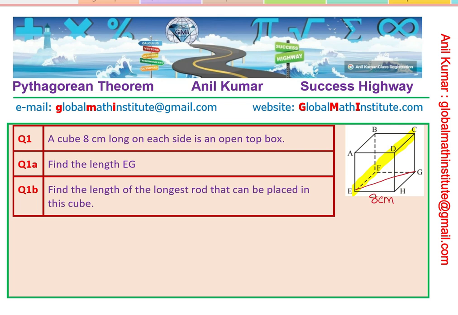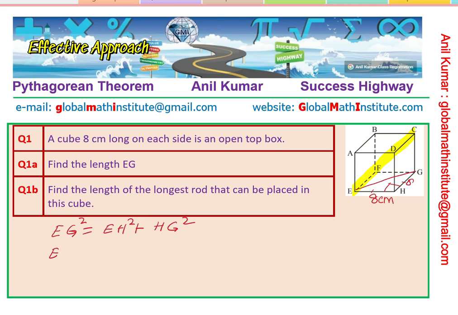Let's begin by finding the dimension e to g. As you know, the base is a square, so every angle will be a right angle. So we have a right angle at h, and that means the sides which are 8 each form a right angle triangle, and therefore e to g square should be equal to e to h square plus h to g square, correct?